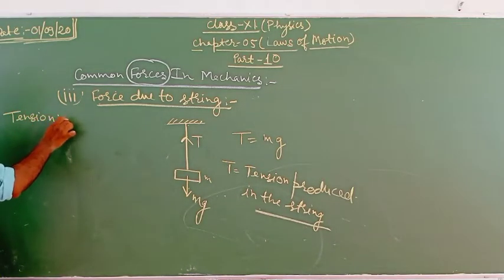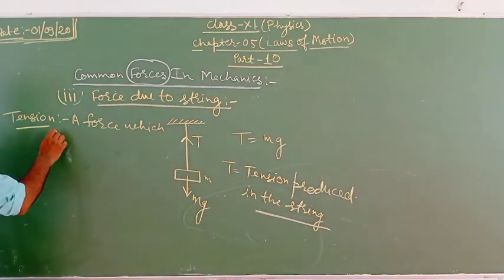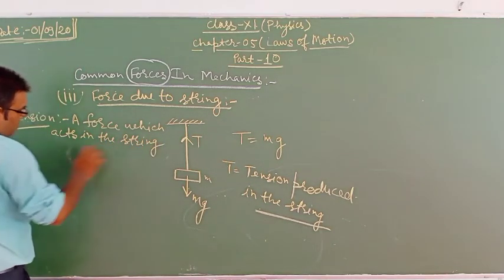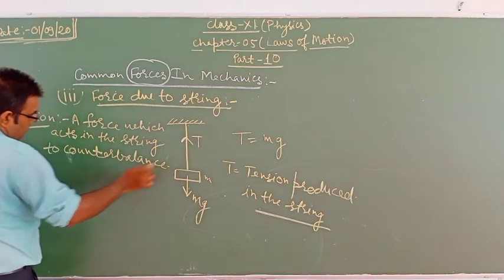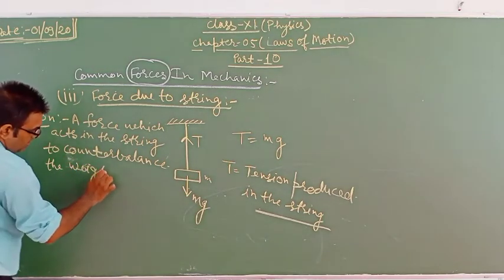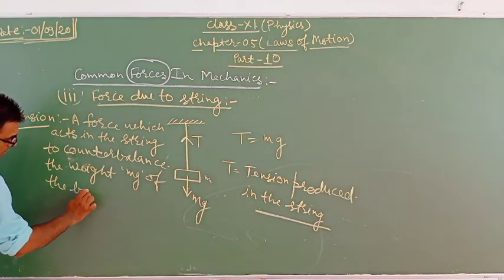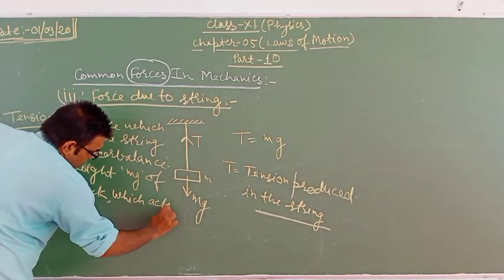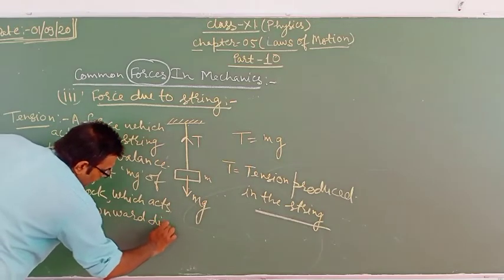Tension is a force which acts in the string to counterbalance the weight mg of the block which acts in the downward direction.